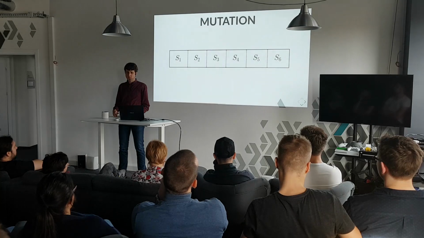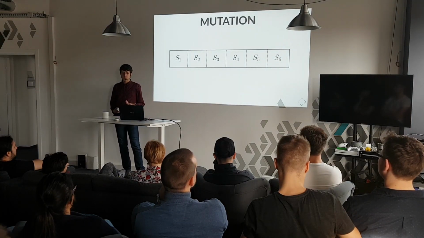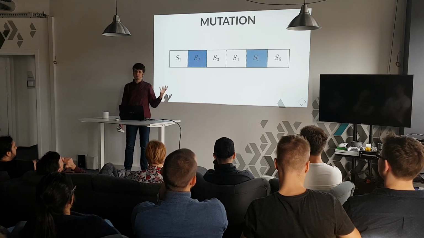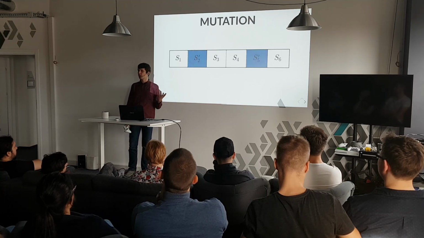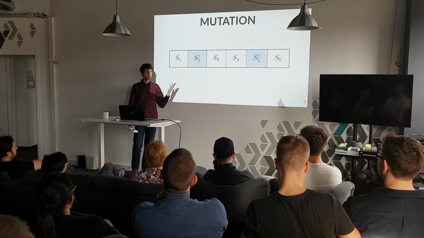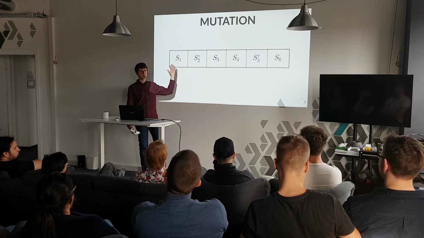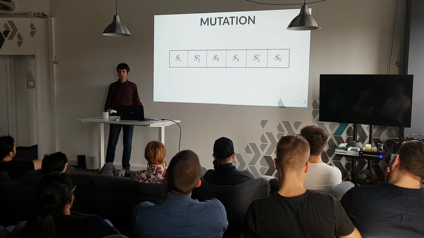Basically, we need to choose a subset of genes to modify, and we can just choose them at random, because why not? We just choose a fraction of genes to be modified. I select those two. What do I do next? I modify them. I create, and thus I have created a child solution that has a genome that doesn't correspond to any mother or father solution. As simple as that.